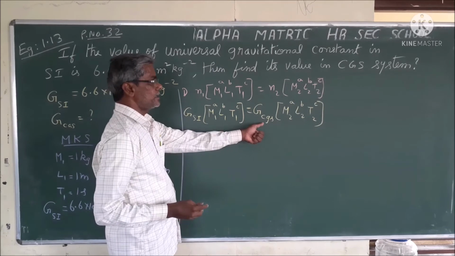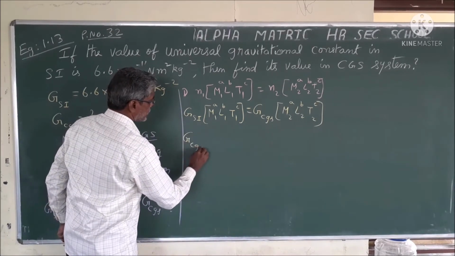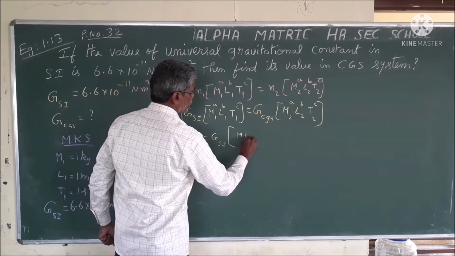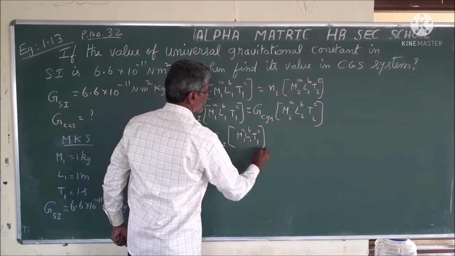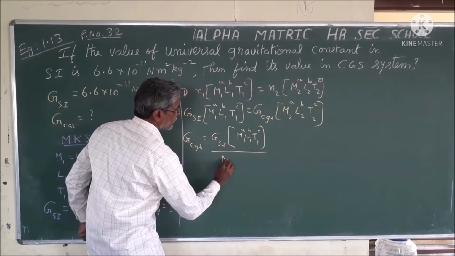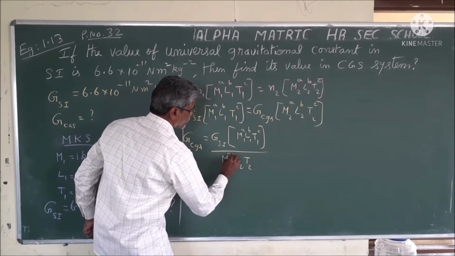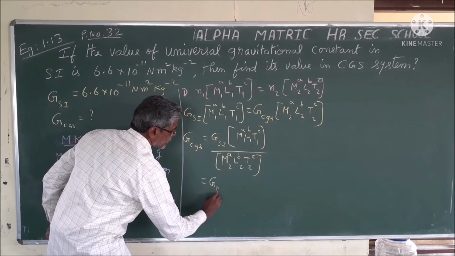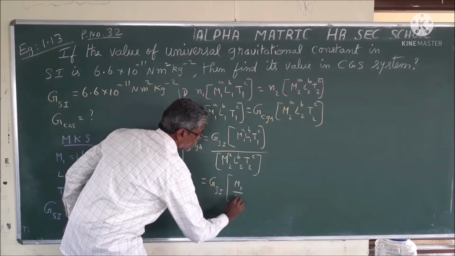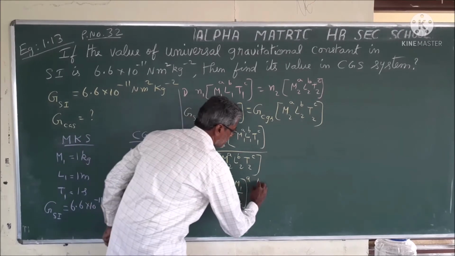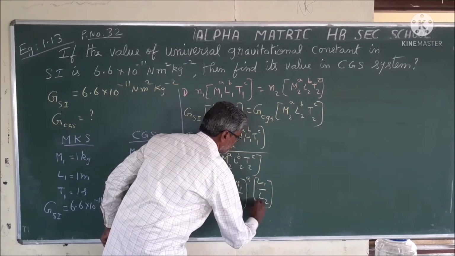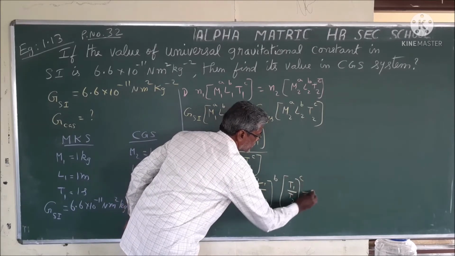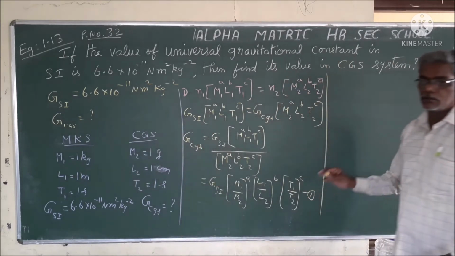Now we have to calculate G, CGS. So G, CGS is equal to G, SI, M1 by M2 whole power A, L1 by L2 whole power B, T1 by T2 whole power C. That is equation number 1.